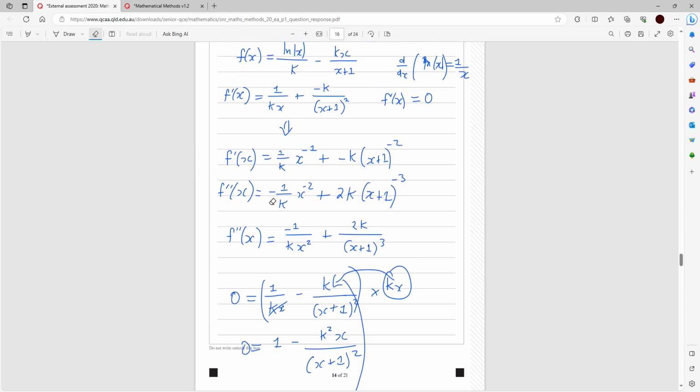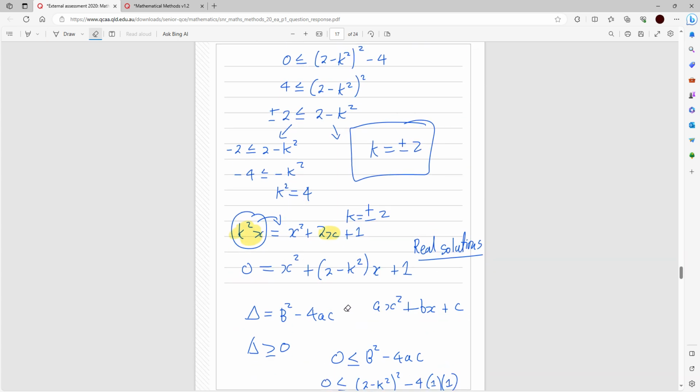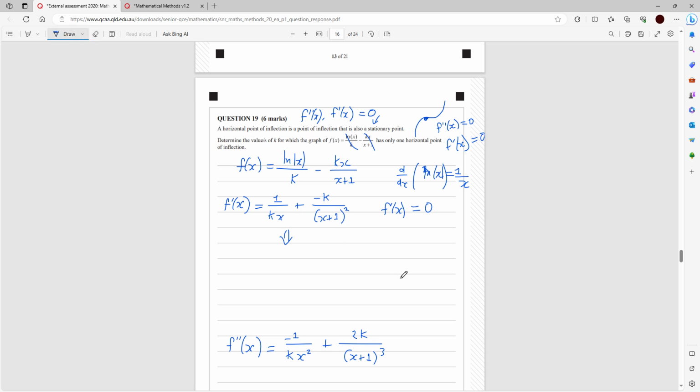So if we rub this out, and we'll leave that one, get rid of this one, and if we rub this out, get rid of this, k is plus or minus 2.